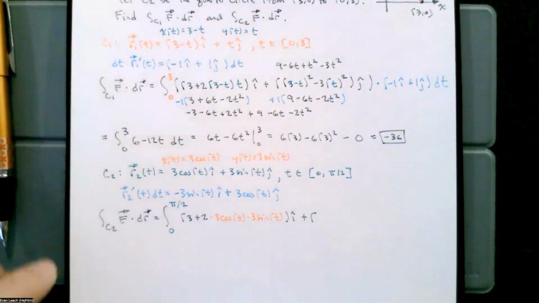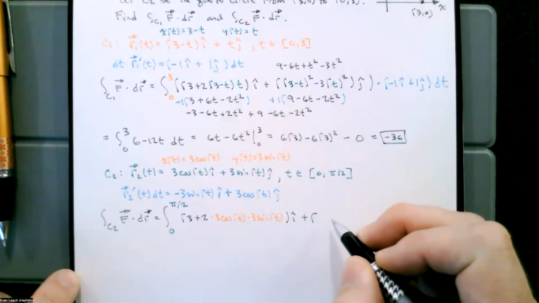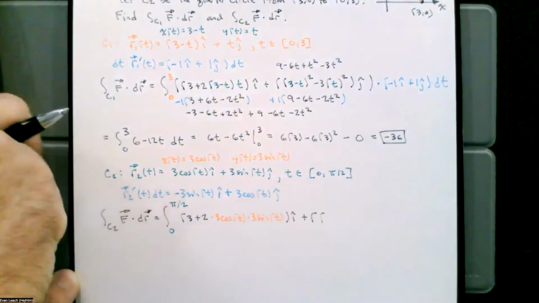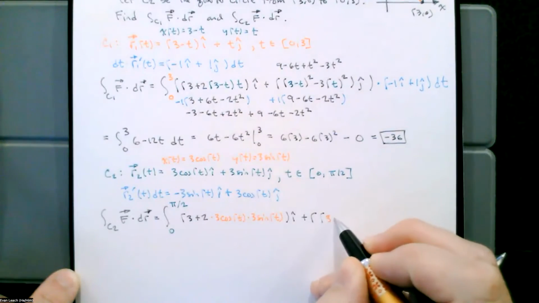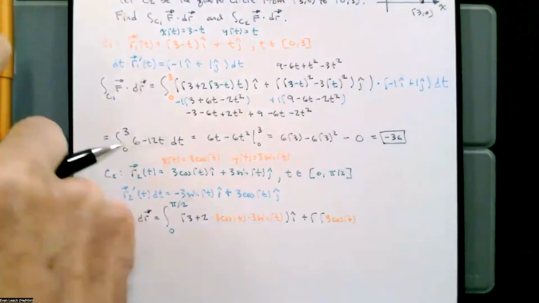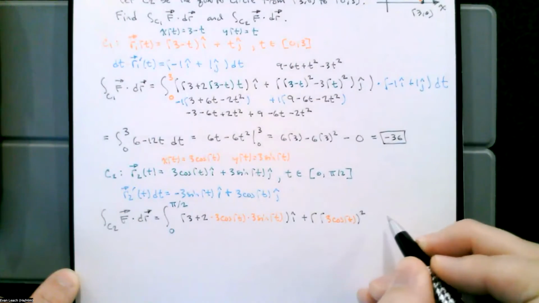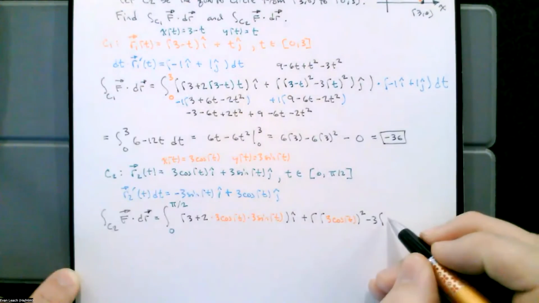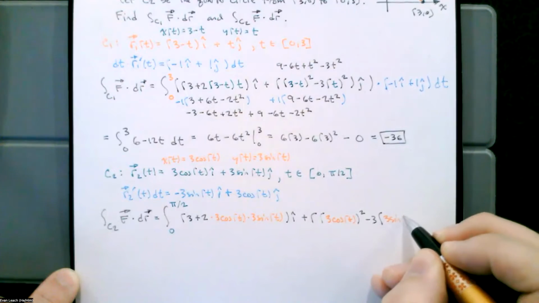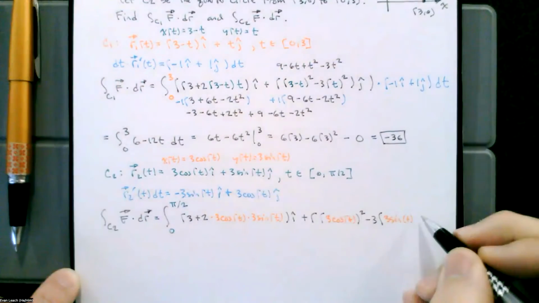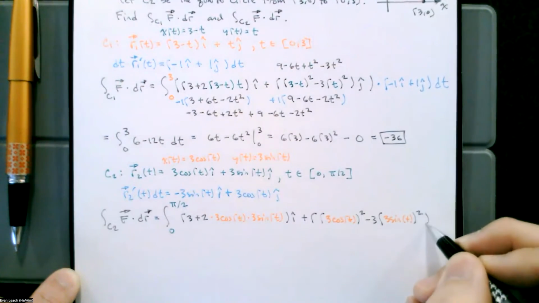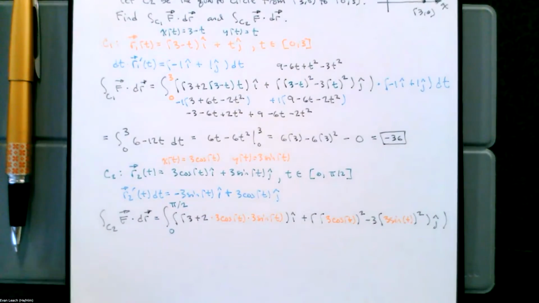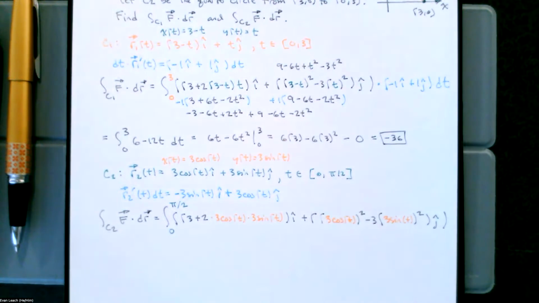Our j component is x squared minus 3y squared, so we get x is 3 cosine t. That's got to get squared because of the vector field. Minus 3 times 3 sine t, which is also squared because of the vector field. And that's all our j components. There's the vector field evaluated at all the points on that curve.